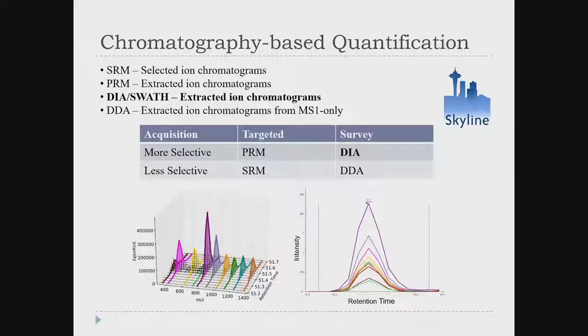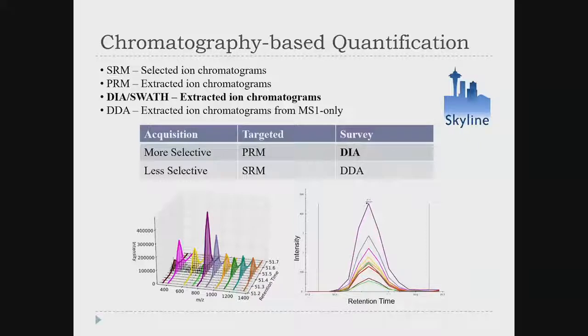I think about them in this 2x2 matrix. I think we've gone over most of these at this point, but there are true targeted methods where you tell the mass spectrometer what you're targeting, and then there are what I call survey methods, and both DIA and DDA are what I think of as survey methods. You set up the mass spectrometer in a specific way and let it sample the entire space, and then you come back and query the data afterwards.